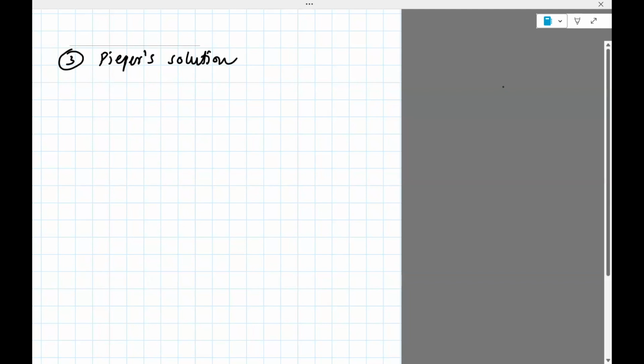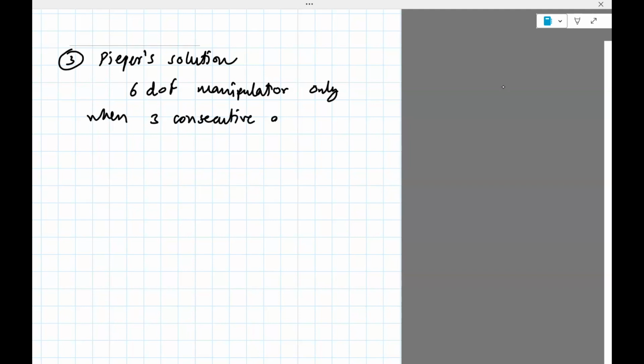It's usually for a 6 degree of freedom manipulator, and it works only when 3 consecutive axes intersect. When 3 axes intersect, it turns out that you can solve for the orientation using an analytical inverse, and then for the position using another inverse.